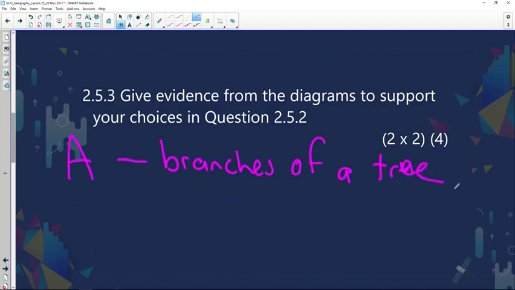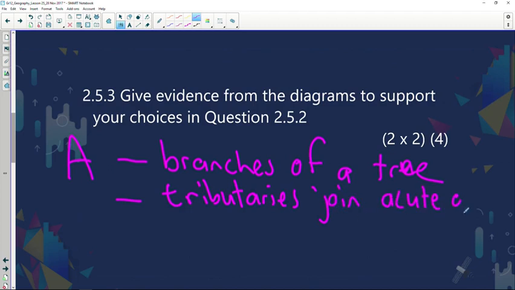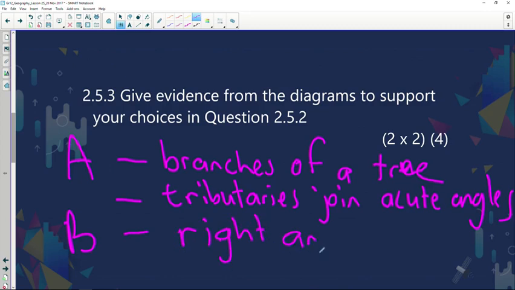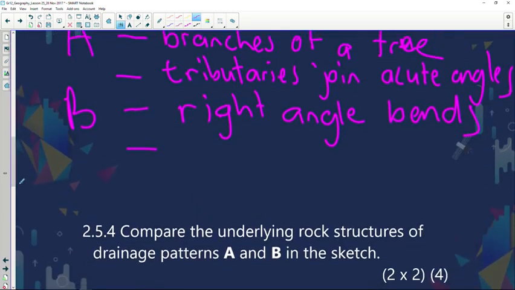And another reason, the tributaries join at acute angles. And if you look at the rectangular pattern, the river's tributaries join at right angle bends, and the tributaries join the main river at 90-degree angles.